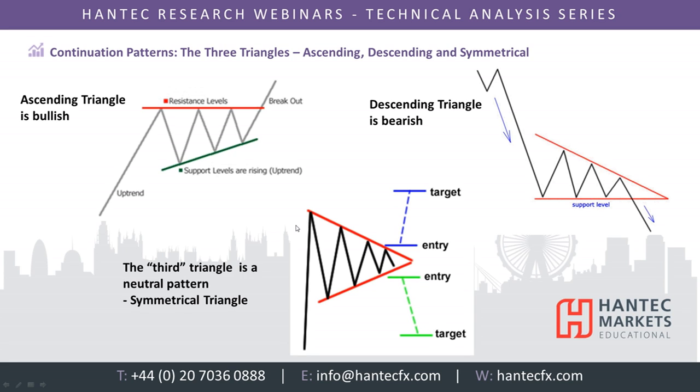Now, you could argue that coming into the triangle, if you're in an uptrend, then the pattern breakout should be to the upside. However, it's not always a given, and it could also equally be to the downside. And as you can see here, you can have two targets of these patterns, but I'm not a massive fan of symmetrical triangles, and I would be rather skeptical about trading them.